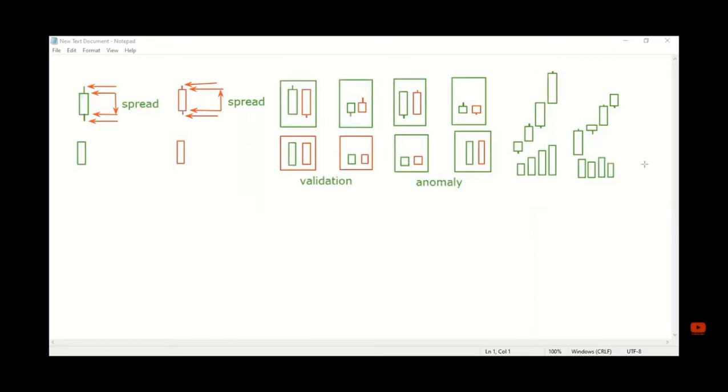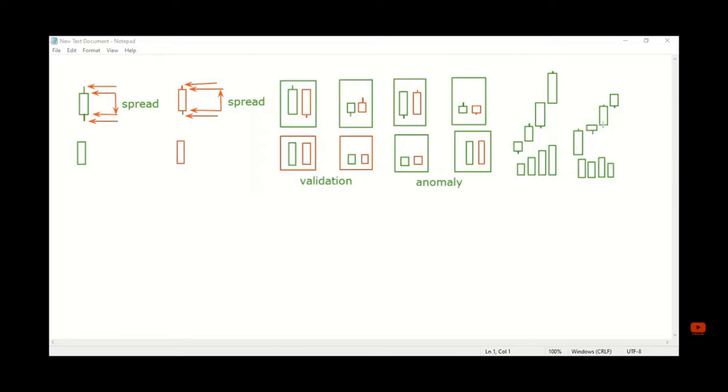It's also valid. Why? Because when the market creates a strong body candlestick, that means the spread is large here and volume is also high here. Suddenly the market creates this candle, which is weaker than this one, and volume decreases. Again the market creates this strong candle, and volume again increases.